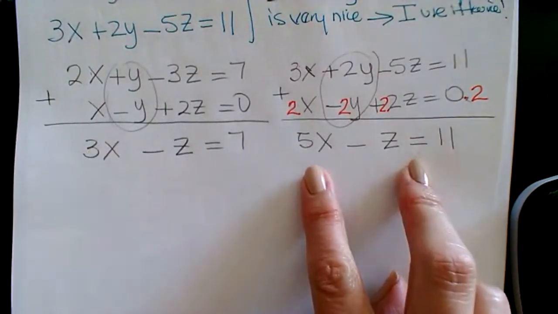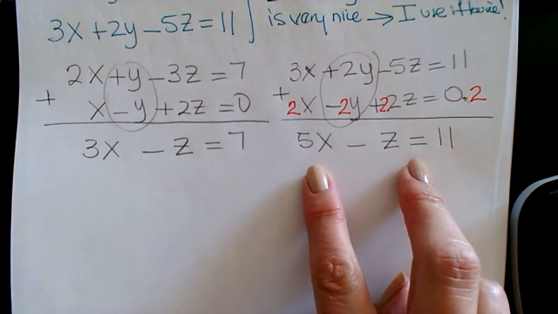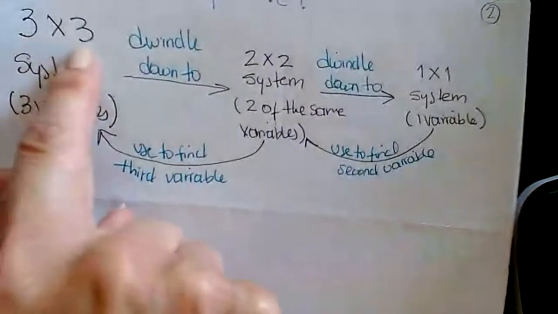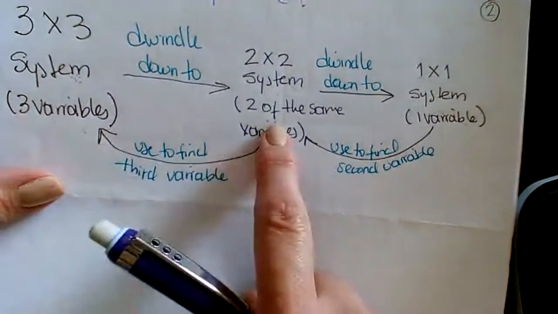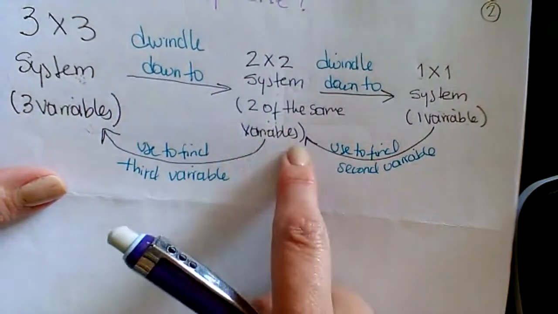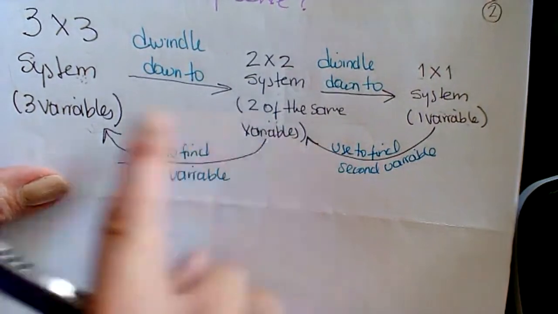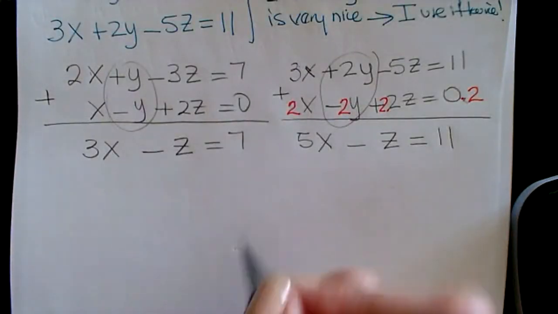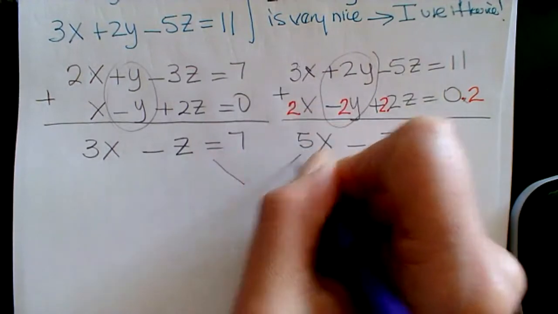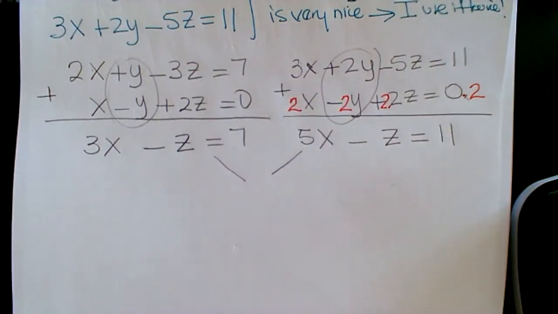Now I have two equations. So I went from a system of 3 variables to 2 of the same variables, down to this one. I just did it. Remember that I used all 3 equations to eliminate y.